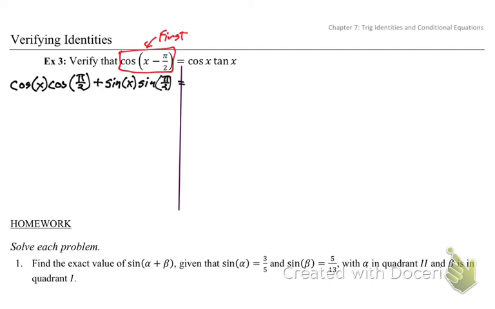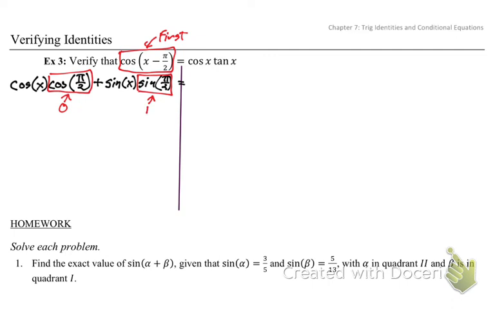Now, here's different than any verifying that you've done so far. Cosine pi over 2, is that a value on our unit circle? Yes. What is cosine of pi over 2? 0. What is the sine of pi over 2? 1. Are we okay with 1?